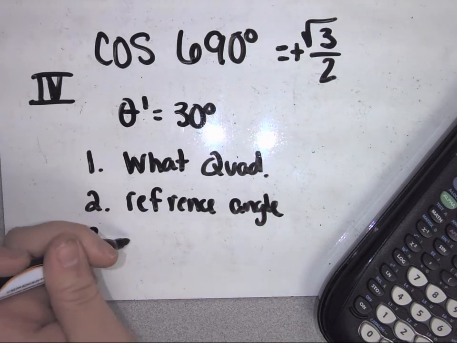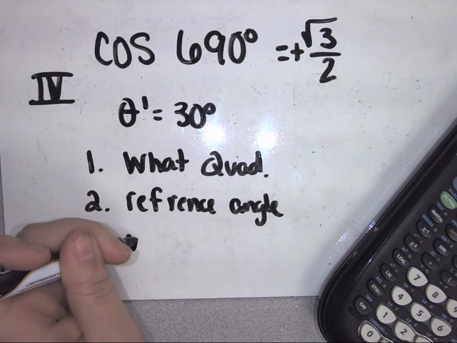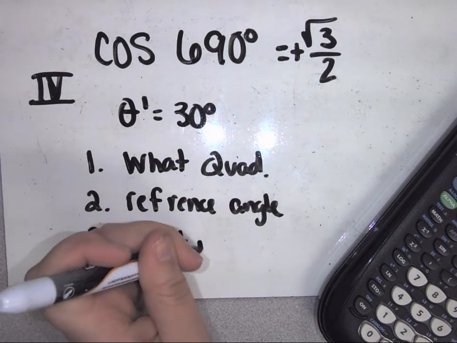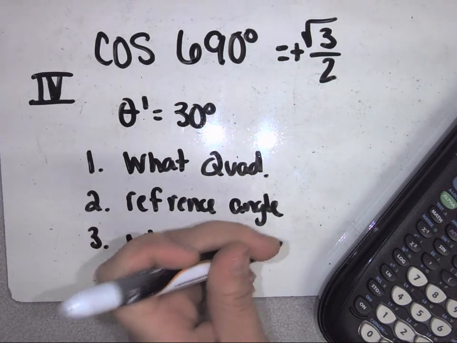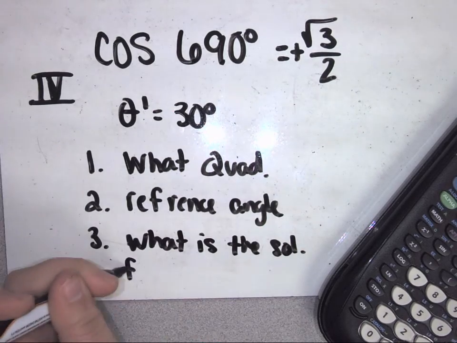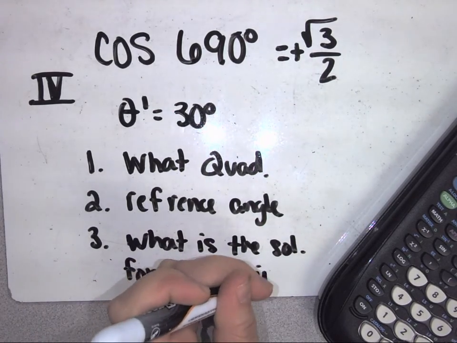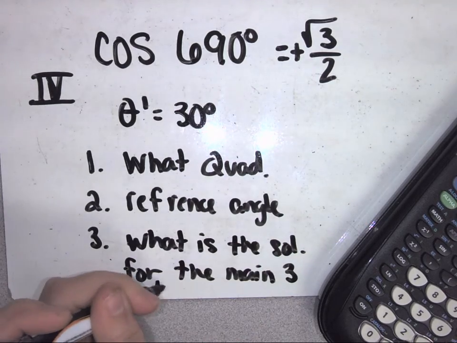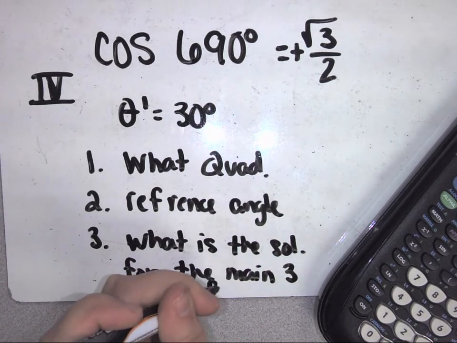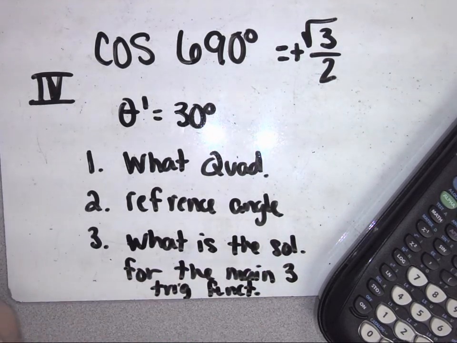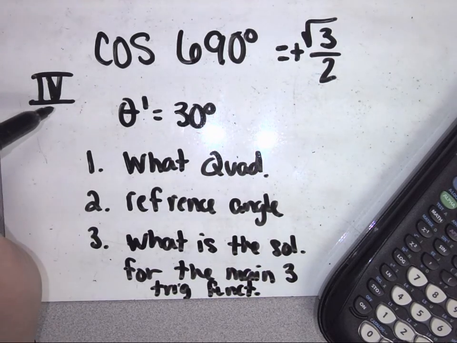So what is the solution for the main 3 trig functions? So what quadrant it's from, figure that out.